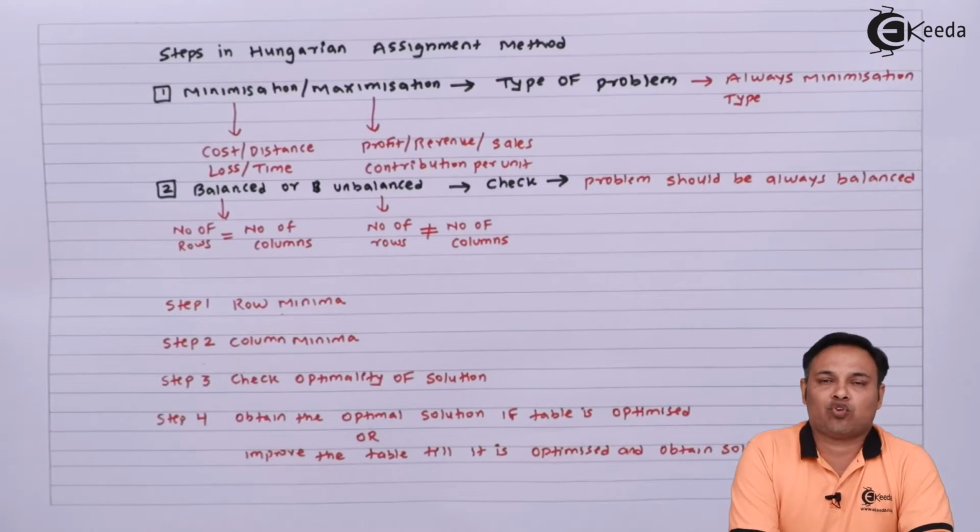The first step is row minima and the second step is column minima.